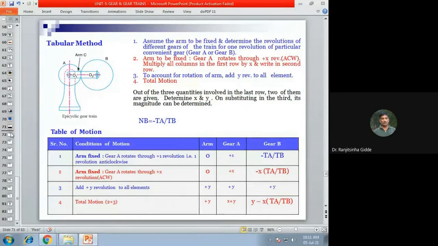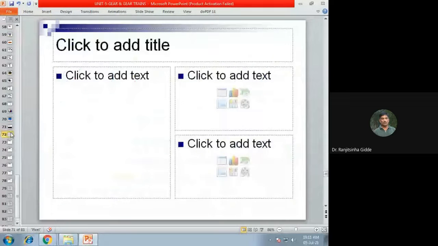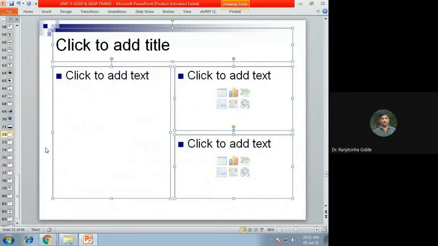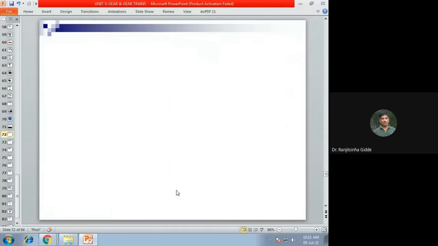Okay, so I will take one more slide here. So there I will explain. Okay. Now same combination I will draw here.